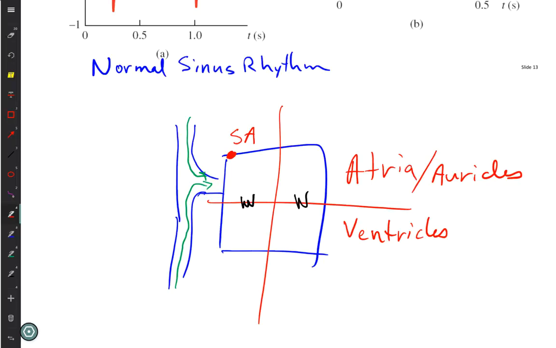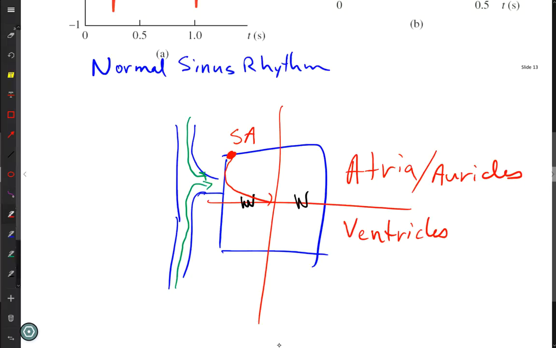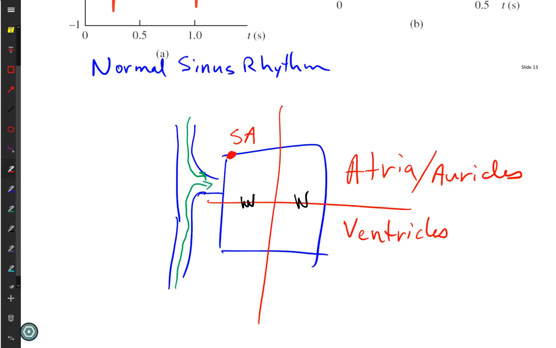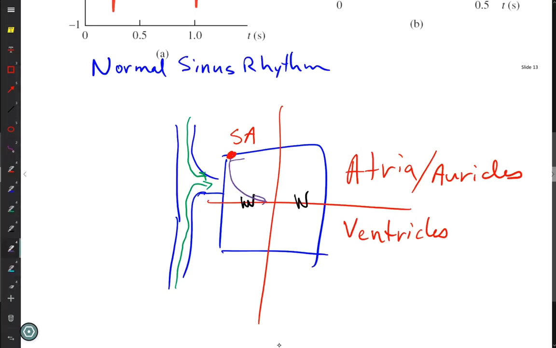Now the heart is a complicated device. Those electrical signals then travel, the color is not a wise choice, it turns out. So the electrical signals go all through the heart.